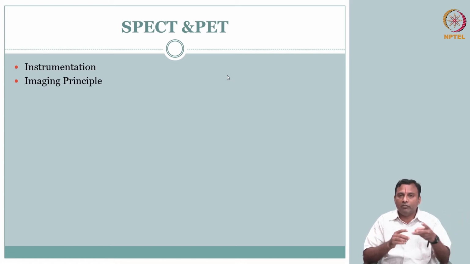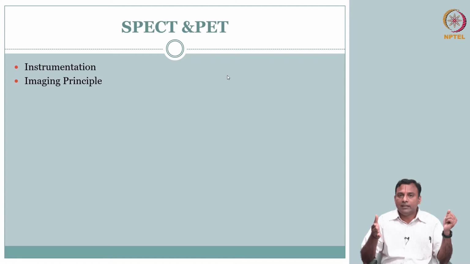So now that we have covered planar scintigraphy, for PET and SPECT what we will do is contextualize to this particular setting. Otherwise, the concept of how you do the tomographic reconstruction is almost similar. We will use some variable changes, but otherwise it is similar to what we have covered already.